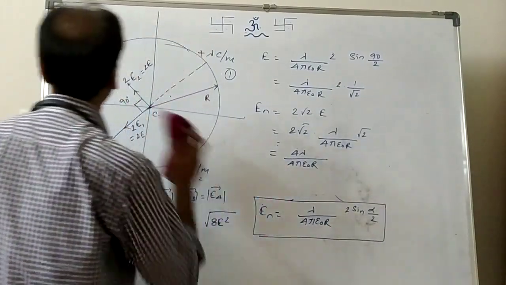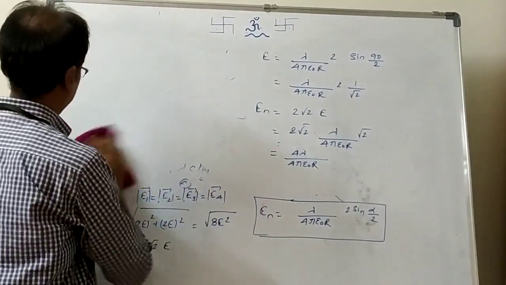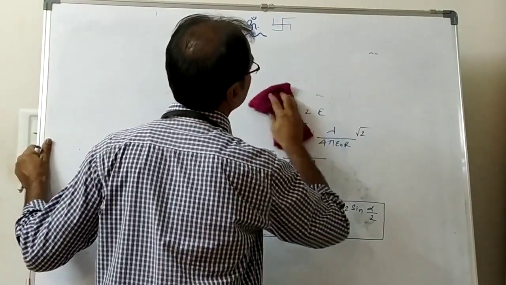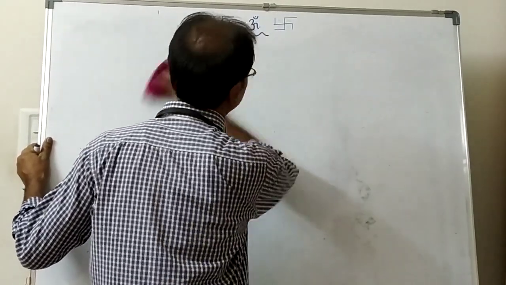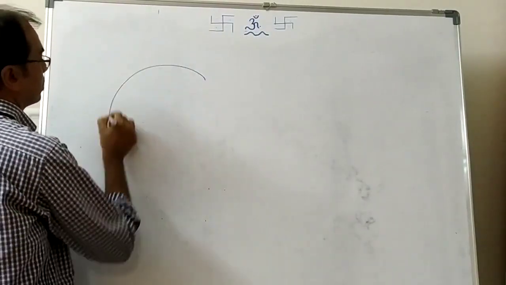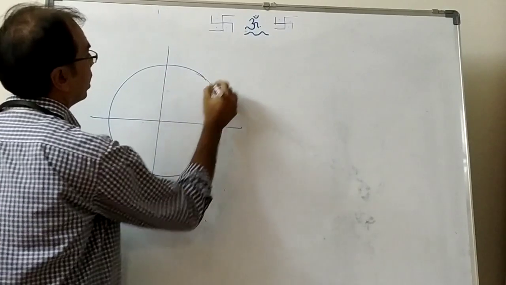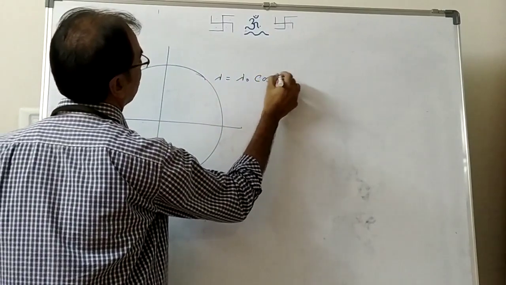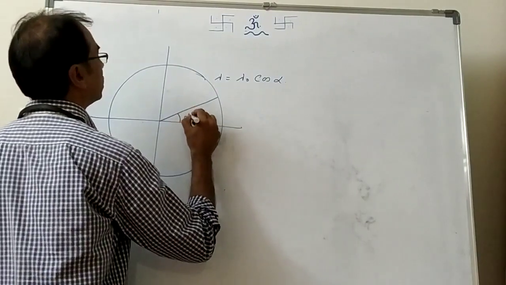One more question similarly we will see, based on the ring only. In this one, lambda is not uniform, it is variable. So how to solve that one? That also we will see. Then, another ring, and its lambda is given as lambda naught cos alpha, where alpha is the angle from horizontal.